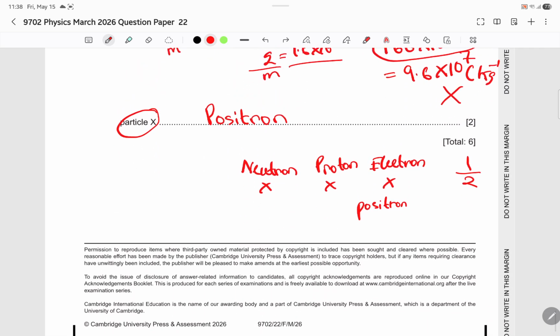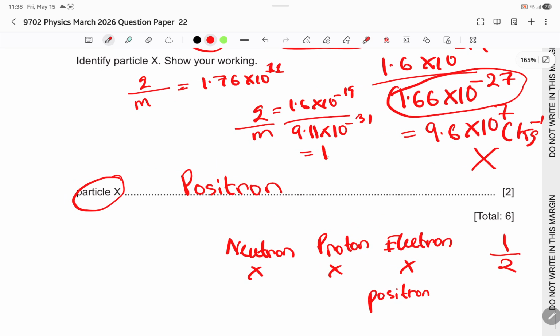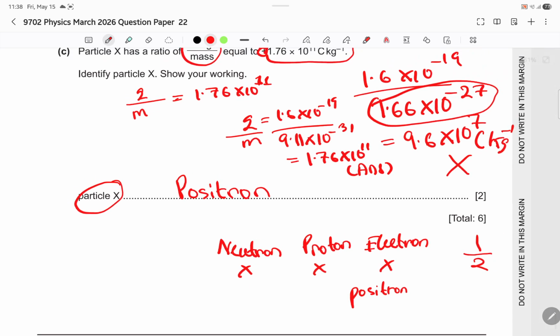If you solve it by this, nice, yeah, we do get this value: 1.76 into 10 to the power 11. Okay, this question was a bit tricky, but not too hard.